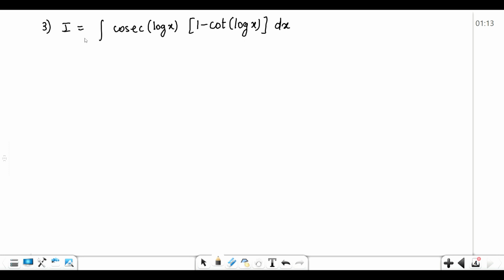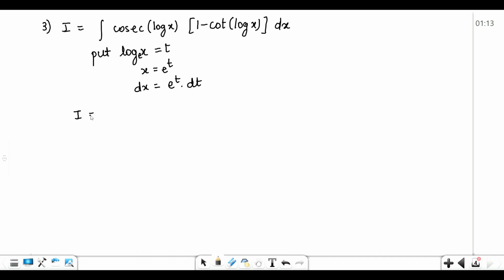So what we'll do, we'll take log x as a substitution, put log x is equal to t, and here we have a base e, so that x will give you e raised to t. Then we'll take the derivative, so dx is equal to e raised to t dt. Then I shall replace this.